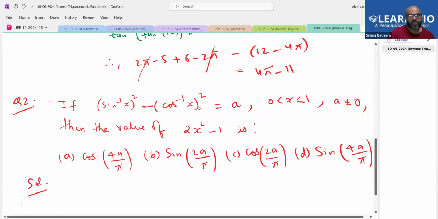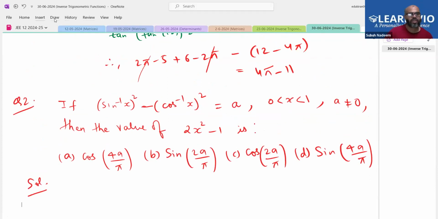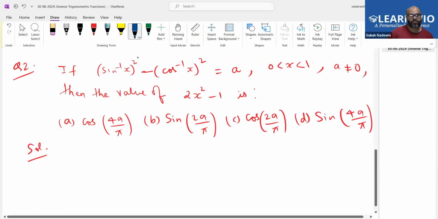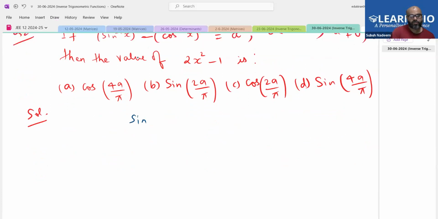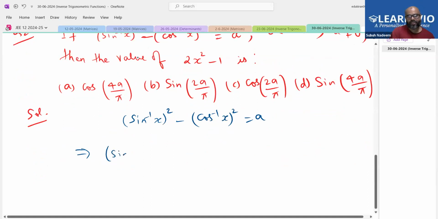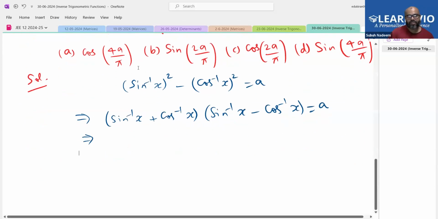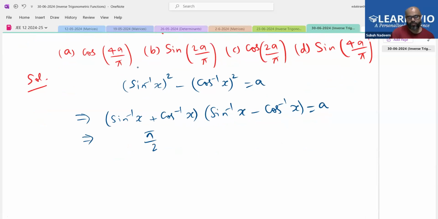So we have sine inverse x whole square minus cos inverse x whole square equal to A. You can write A square minus B square identity as A plus B into A minus B is equal to A. Sine inverse x plus cos inverse x is pi by 2.